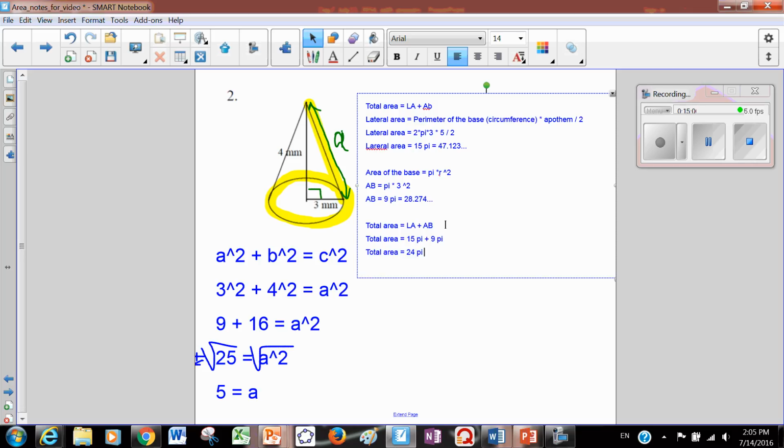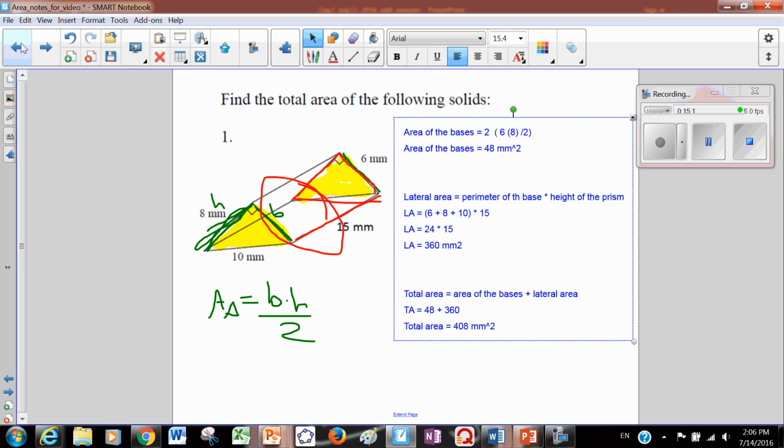The total area is 24 pi. If you take your calculator and you calculate, you should get 75.398... Don't forget your unit. It would be millimeter square. Did I forget the unit before? No, good.